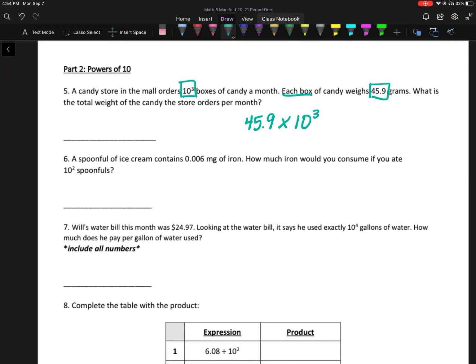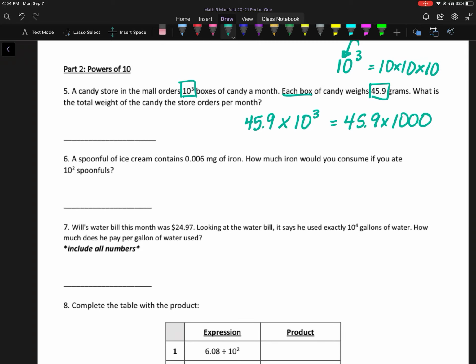Something that we have to remember is that my power of 3 is bossing around my 10, and it's telling me that I need to multiply itself 3 times. So this is the same as 45 and 9/10 times 1,000.